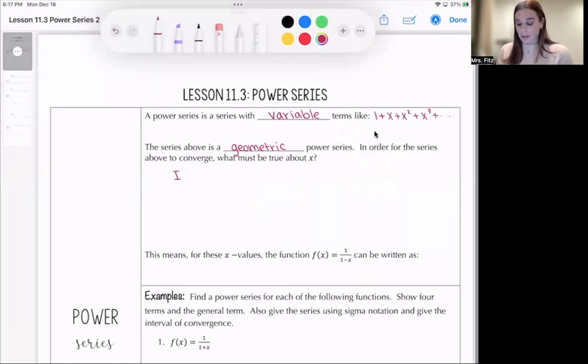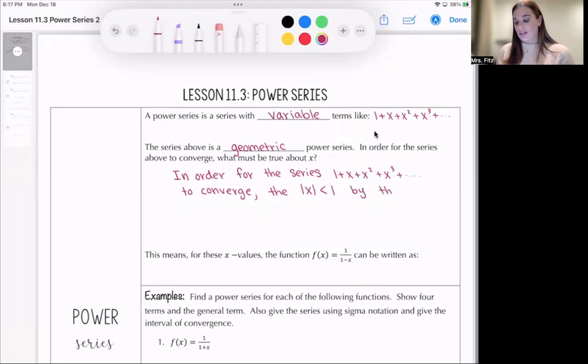So in order for the series 1 plus x plus x squared plus x cubed plus ... to converge, the absolute value of our common ratio, which is x, so the absolute value of x, must be less than 1. And this is by the geometric series test.